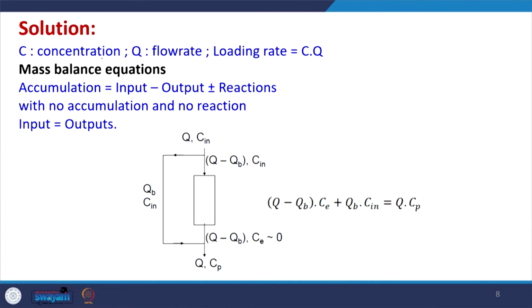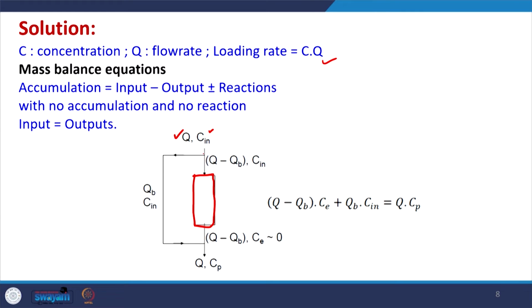Suppose C is the concentration and Q is the flow rate, so the loading rate will be concentration into flow rate, that is CQ. Now, this is the column which is being used for removing the hardness. The flow rate which is coming is Q and C in is the concentration in the initial condition.